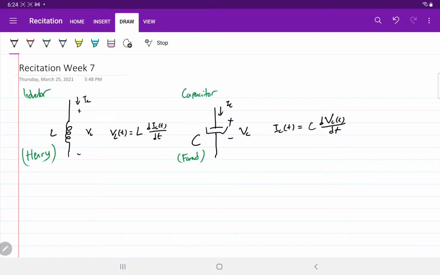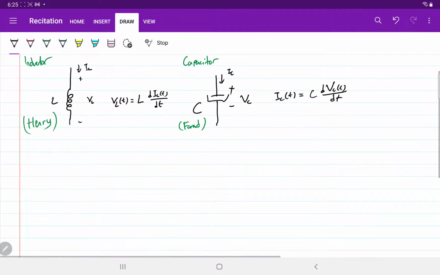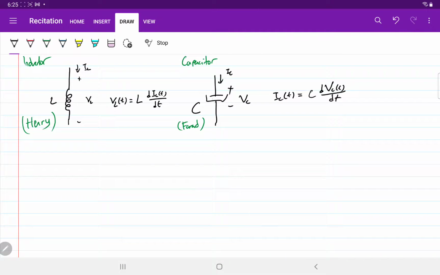If the voltage is static or in a steady state condition, there's no current flowing through the capacitor. Those are the basics of inductor and capacitor. So let's solve a couple of problems on first order circuit.